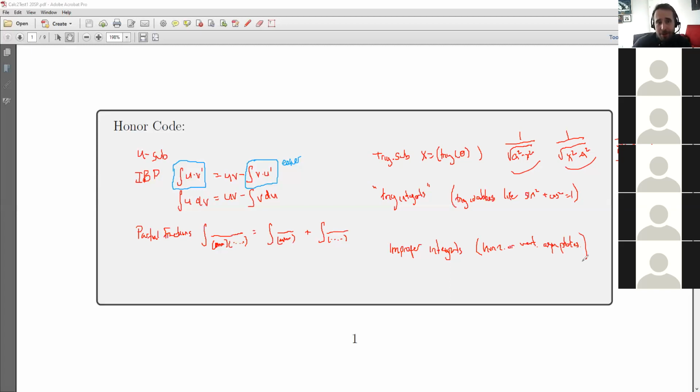So we had improper integrals, which meant that we had to be careful in how we set up an integral involving a horizontal or vertical asymptote. And finally, we had this idea of numerical integration, the idea that some integrals are just too challenging to compute even with these integration tricks.